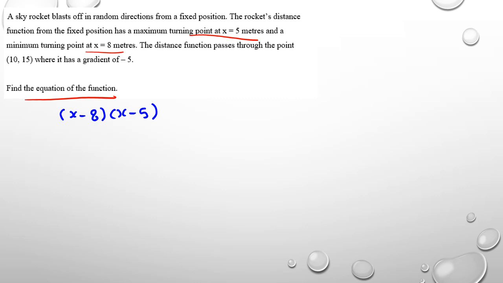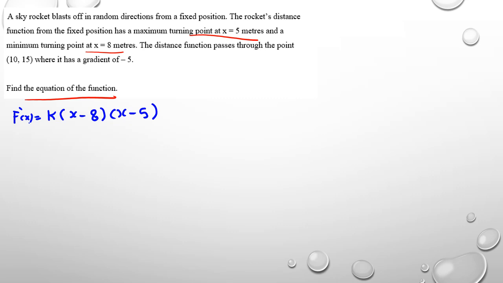So you're thinking backwards, but there could be a scale factor for it. So you must multiply by k, because we don't know if there is a scale factor or not, and that's what we find when we use the other information.